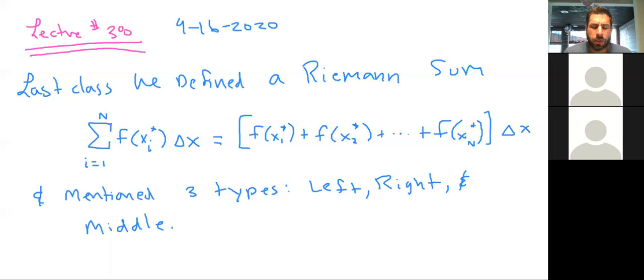Say that again. I'm not quite sure what you mean. There's a 1/4 outside, which you say is the height. No, the 1/4 are not the heights. The 1/4 are the widths. The delta x is the height. No, the f evaluated at the inputs, those are the heights. And then the delta x is the width. The delta x is the width, right?